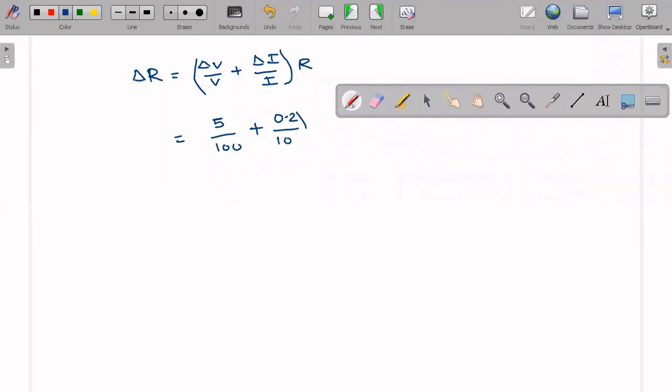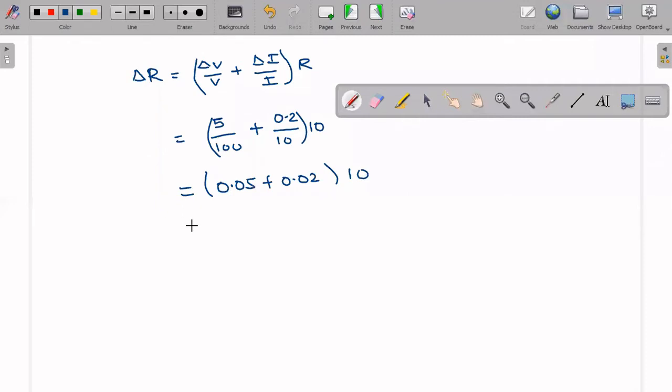The R value we just calculated is 10, right? So 5 by 100 is 0.05, plus 0.2 by 10 is 0.02, into 10.